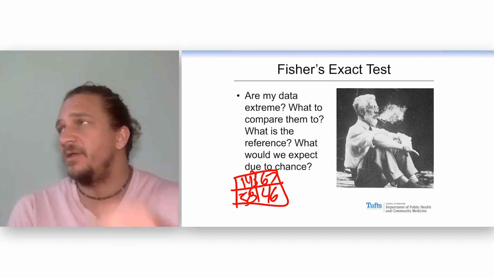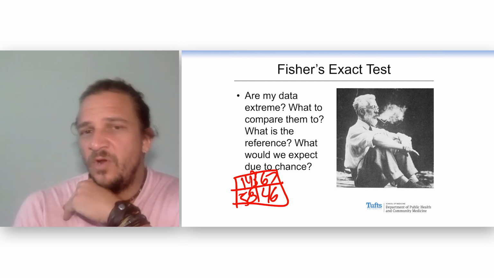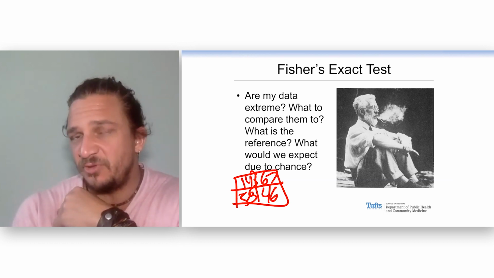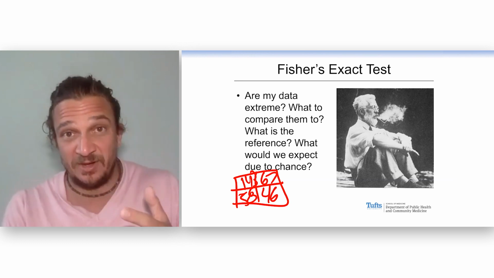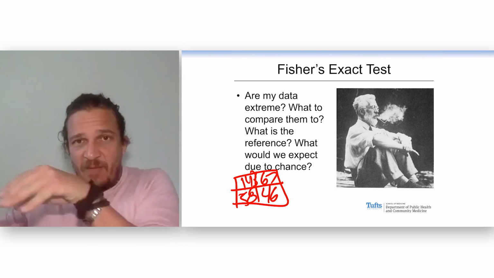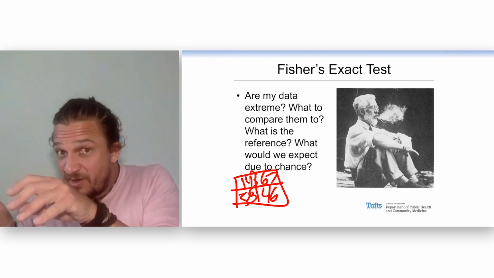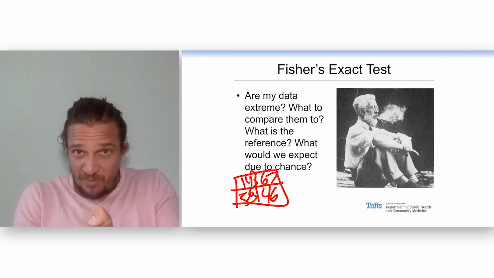Fisher sat and puffed his pipe and said, you know what I could do? I bet I could just make all possible tables. I'll just make all the tables that could happen if the null is true. And then I'll line them up in a row from the least weird to the most weird. And then I'll take my table and say, hey, look, there's my table.